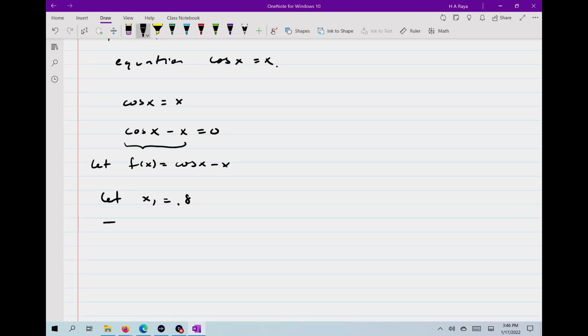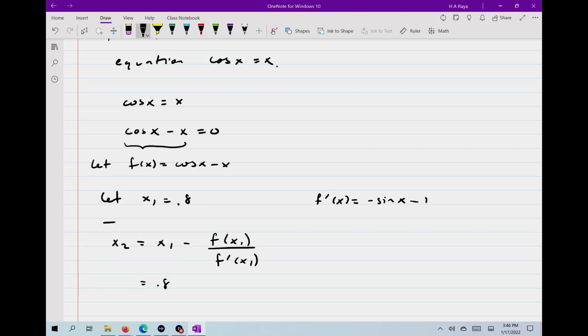When computing our x of 2, this will be equal to x of 1 minus f of x1 divided by f prime at x1. And in this case, our f prime of x is equal to negative sine x minus 1.